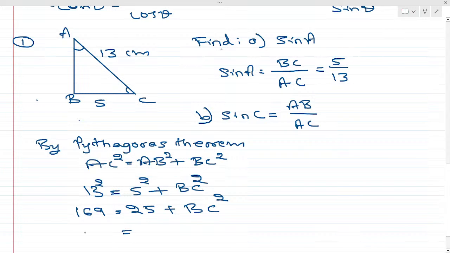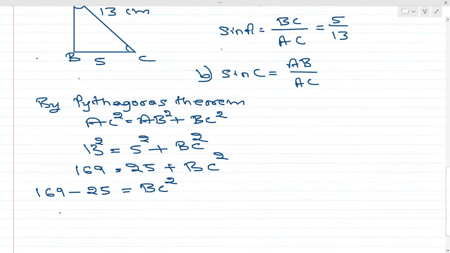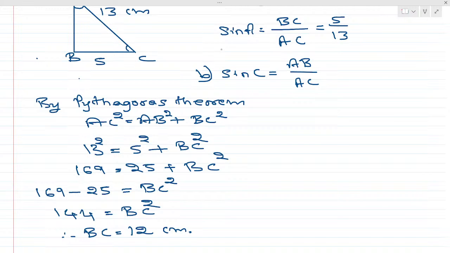Shifting 25 to the other side, 169 minus 25 is 144, so the side is 12 centimeter. Therefore sin C will become AB, which is 12, by AC, which is 13.